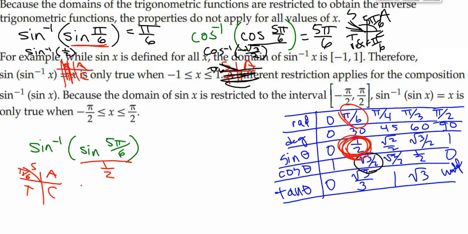Then I have to find the inverse sine of positive 1/2. Remember, all students take calculus. For sine, if you find the reference angle and it's positive, it is that; if it's negative, it's just the negative of that. So what's the inverse sine of 1/2? It's the positive one, pi over 6.